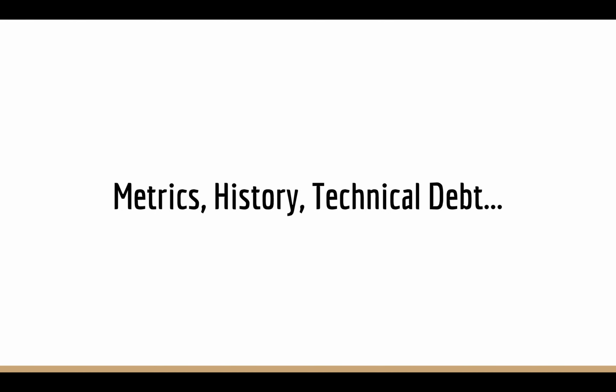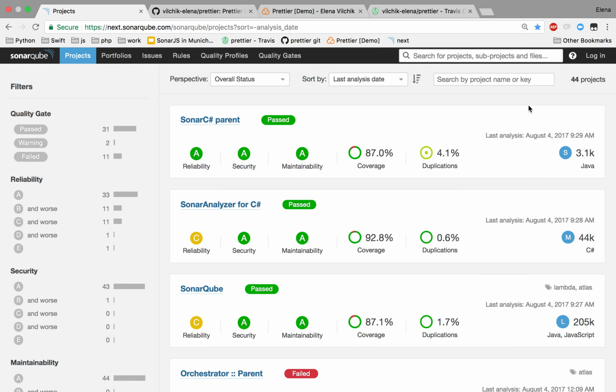In our case, it's SonarQube. So all of our analyses go to a SonarQube server that you can install on your systems, or you can use SonarCloud, which is available in the cloud.